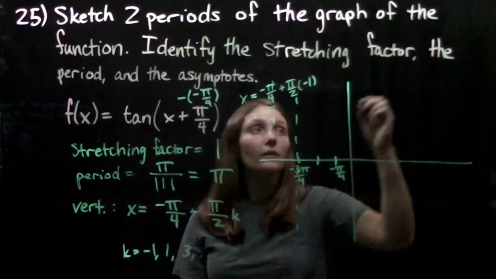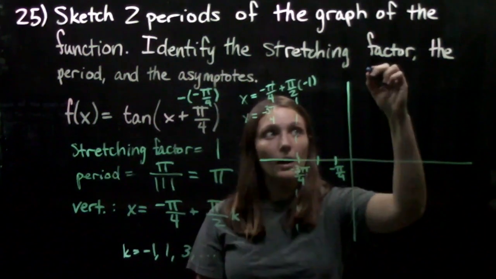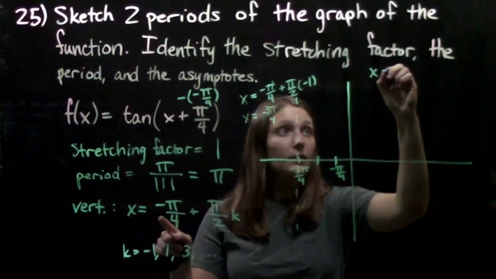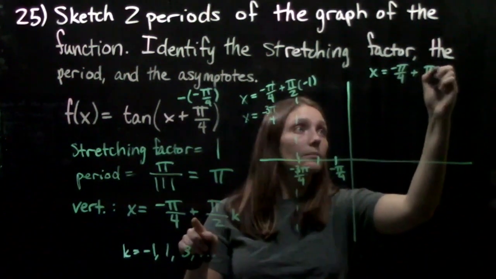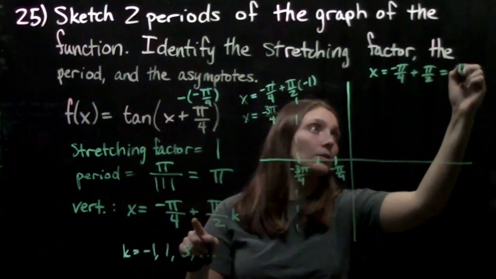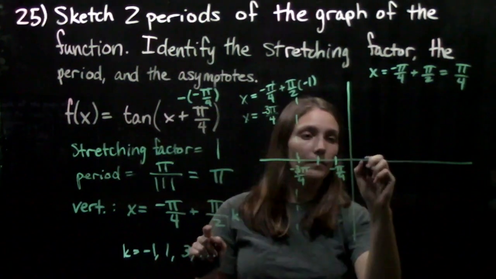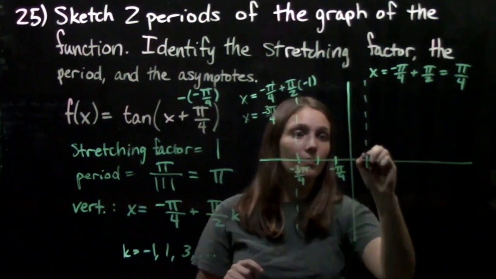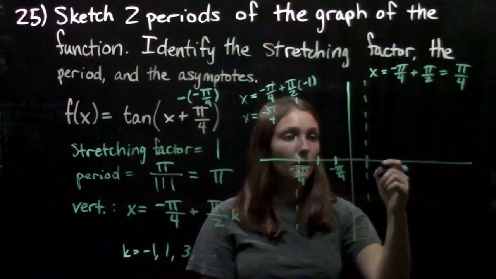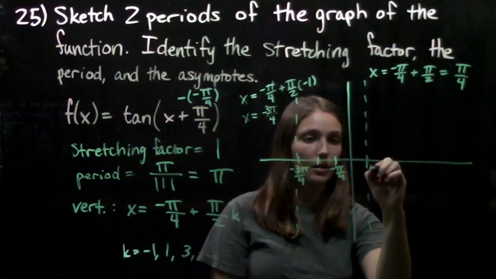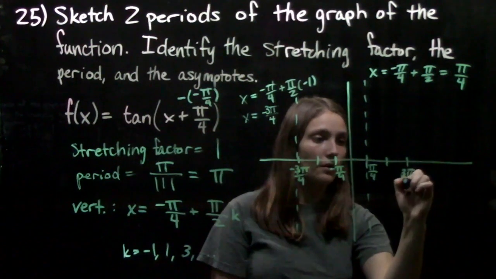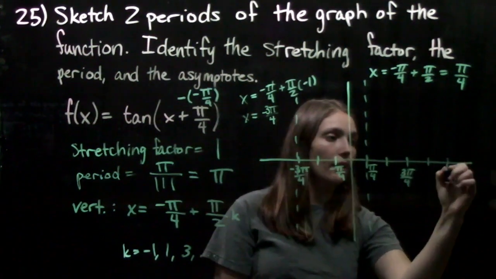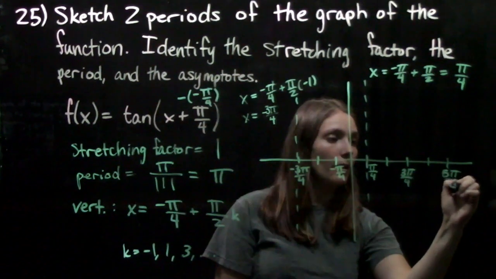At k equals 1, we're going to have an asymptote at x equals negative pi over 4 plus pi over 2, which is equal to pi over 4 here. And going even further, here's pi over 4, pi over 2, 3 pi over 4, pi, and 5 pi over 4.